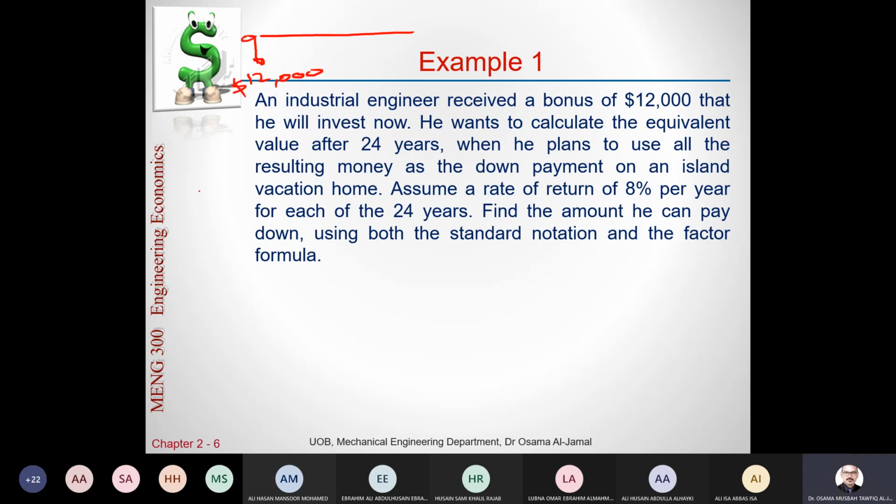Since it's now, it's at time 0. He wants to calculate the equivalent value after 24 years. So what we have in here is N. Year 1, year 2, year 3. I'm not going to put all of them. 23, 24. The equivalent value at that year. How much will be in the future?